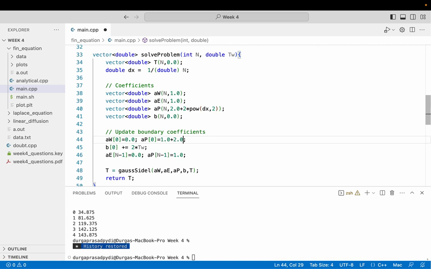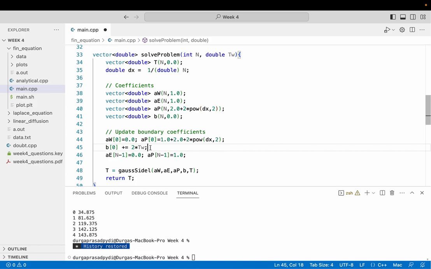You have a 1 coming from the east face, a 2 coming from the west face, and then you have a 2 times, and this last term is essentially coming from the source term in your equation. So this is as such the 2 times theta p term. If you just take theta p common, this is what you will be left with.